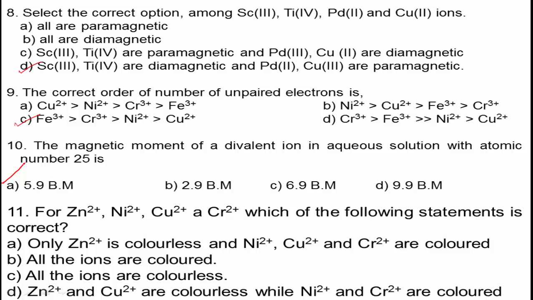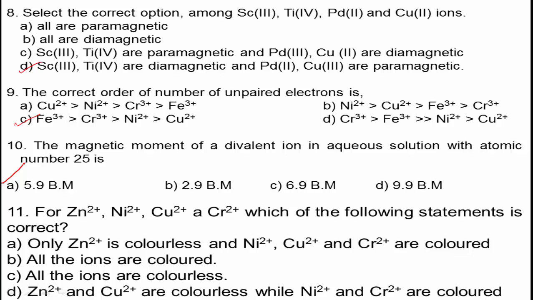Yes, see the question once again. For Zn2 plus, nickel 2 plus, copper 2 plus and Cr2 plus, which of the following statements is correct? Zn2 plus has fully filled d orbitals having no unpaired electrons. It does not undergo electronic transitions, hence it is colorless.